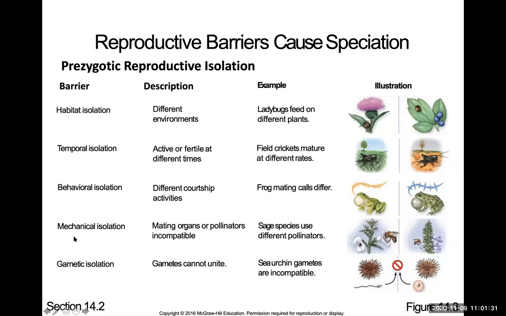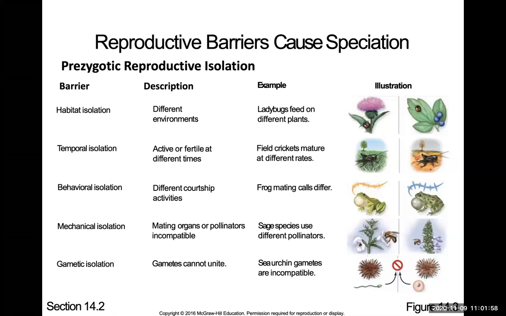Then there is mechanical isolation. This is when mating organs or pollinators are incompatible. Last lecture we looked at the flowers that had the heart shape. We also looked at the orchid that produced chemicals similar to the pheromones of a female wasp.